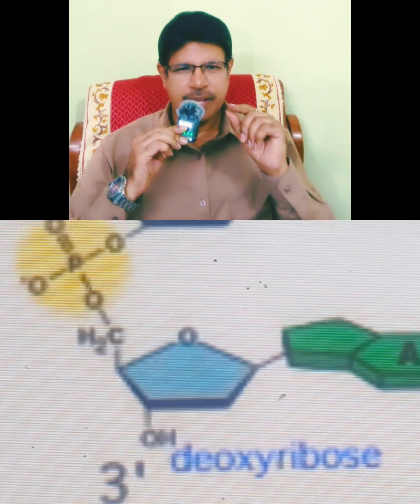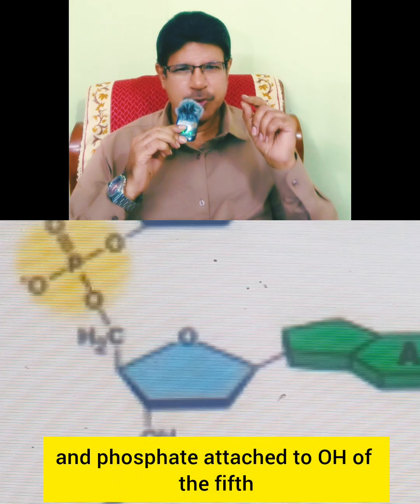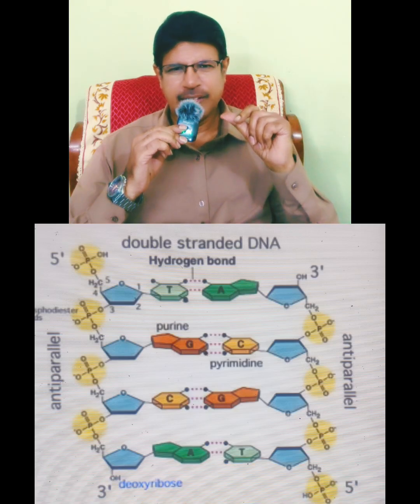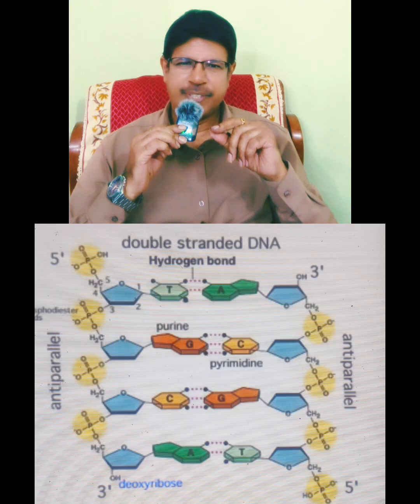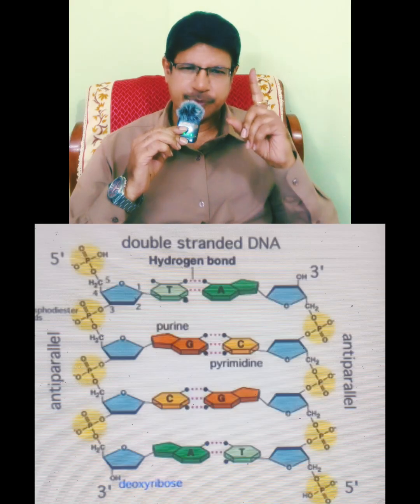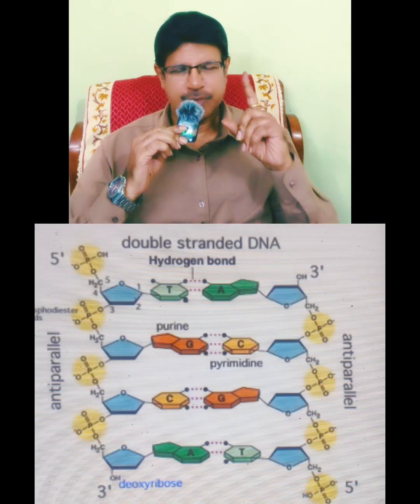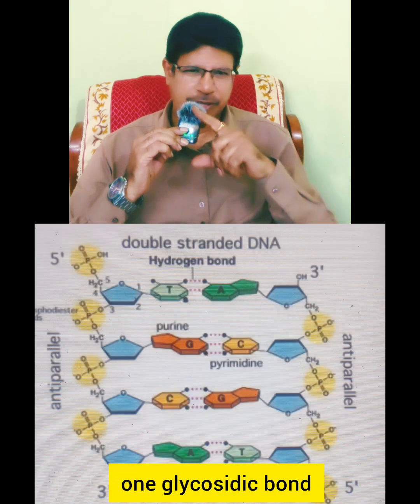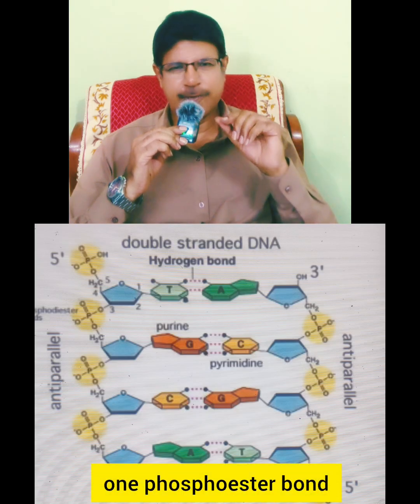Next, phosphate is attached to the OH of the fifth carbon by means of a phosphoester bond, that forms a nucleotide. It is a mononucleotide. In a mononucleotide: one nitrogen base, one sugar, one phosphate, one glycosidic bond, one phosphoester bond.